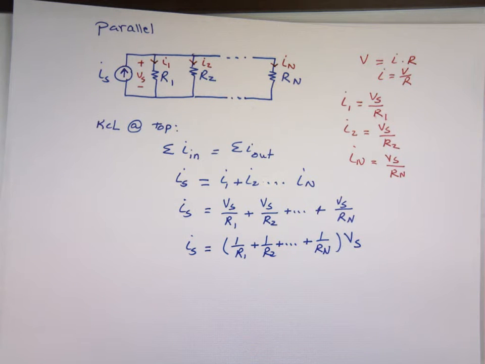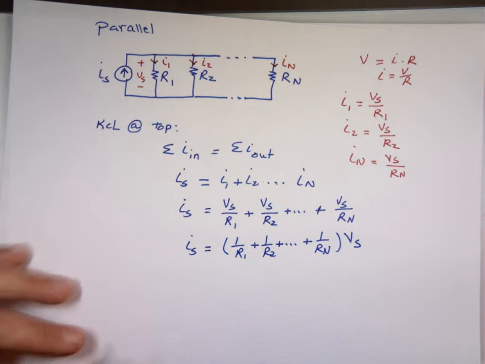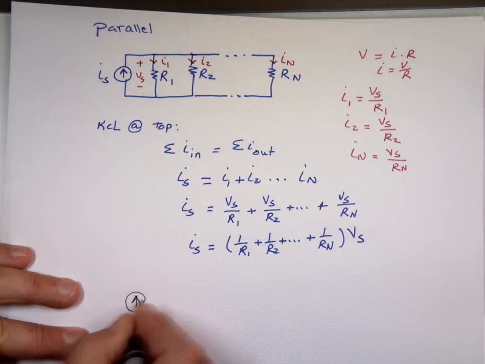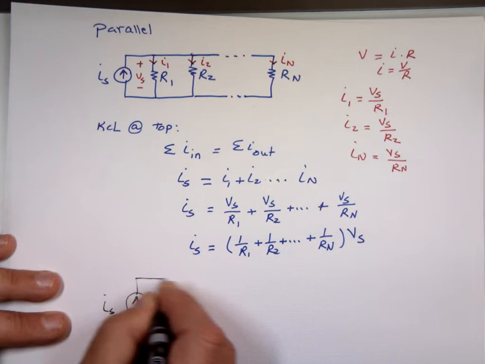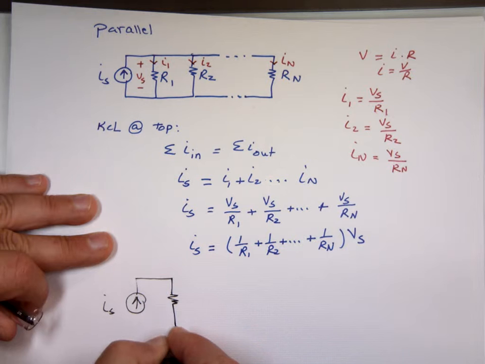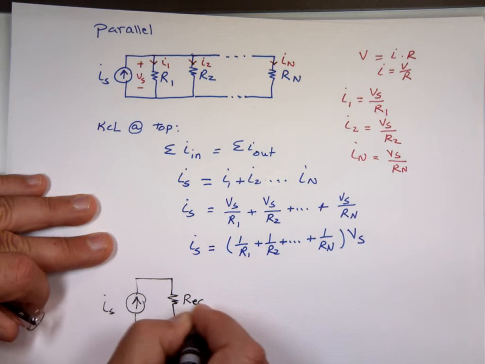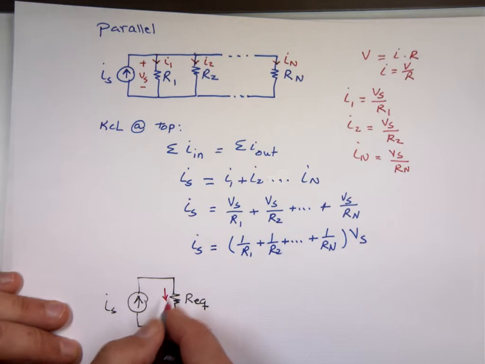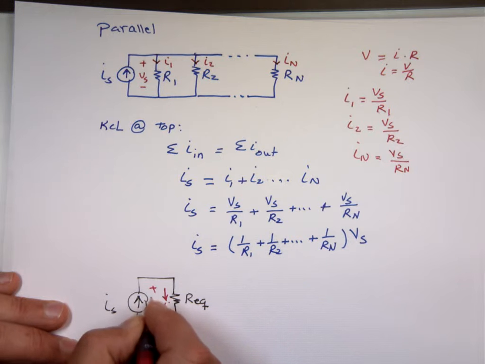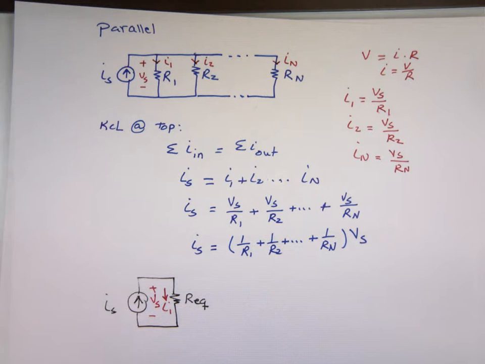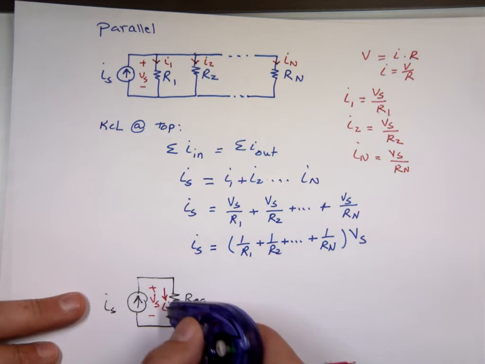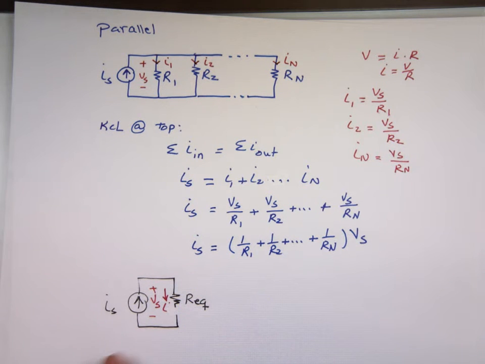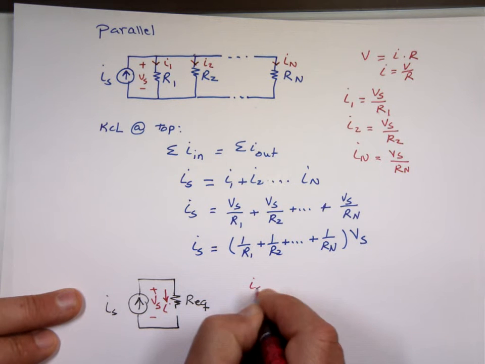Again, I'm trying to find an equivalent circuit to that. An equivalent circuit, which means if I put that current source here, I sub s, this is the current I. This is Vs. I'll just call it I instead of I sub 1 here. Now notice the current in, which is what? I sub s equals the current out.